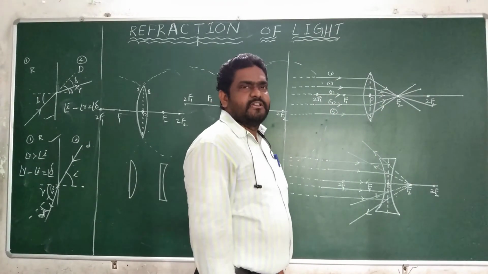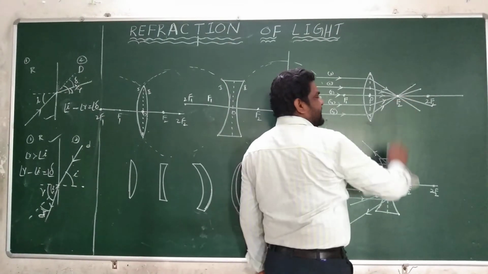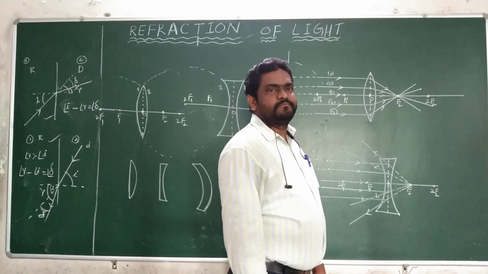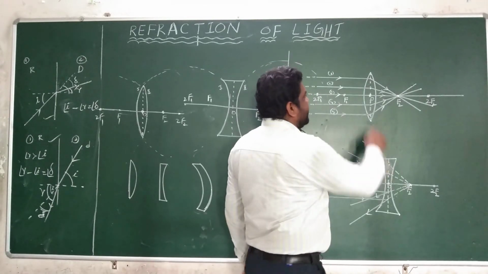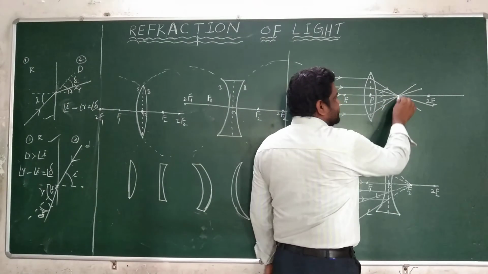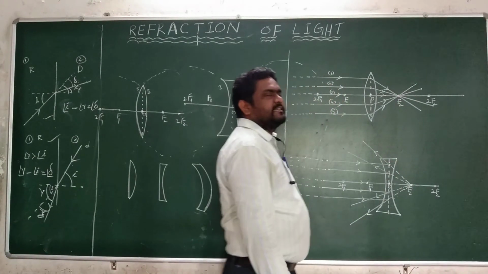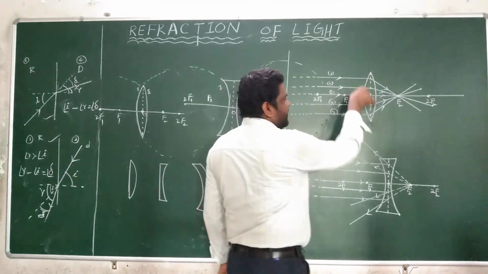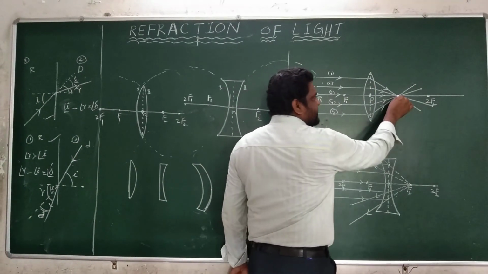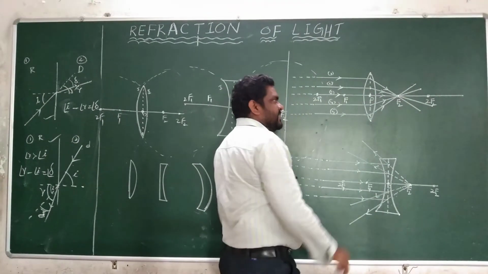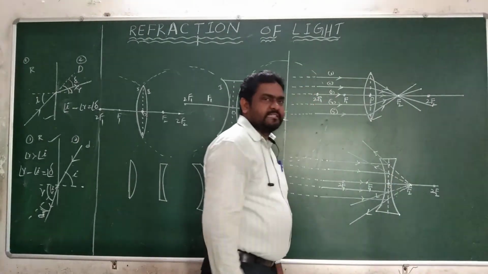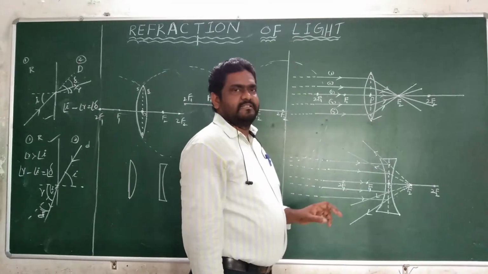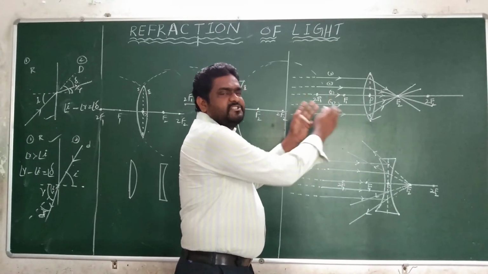Or otherwise we keep a white paper here, and the paper may burn because all the light rays intersect at this point. That point is nothing but the focus. In this case the whole beam of light rays converges to a point, so the convex lens is called a converging lens.